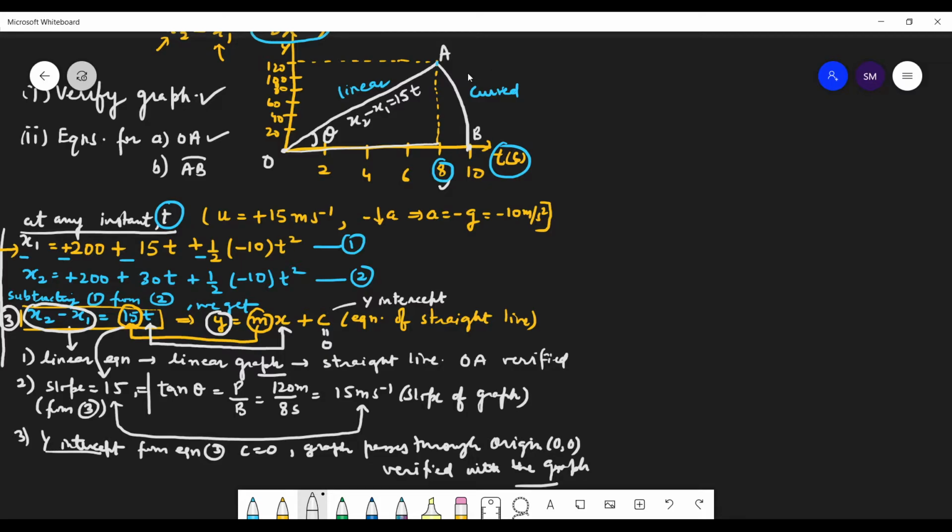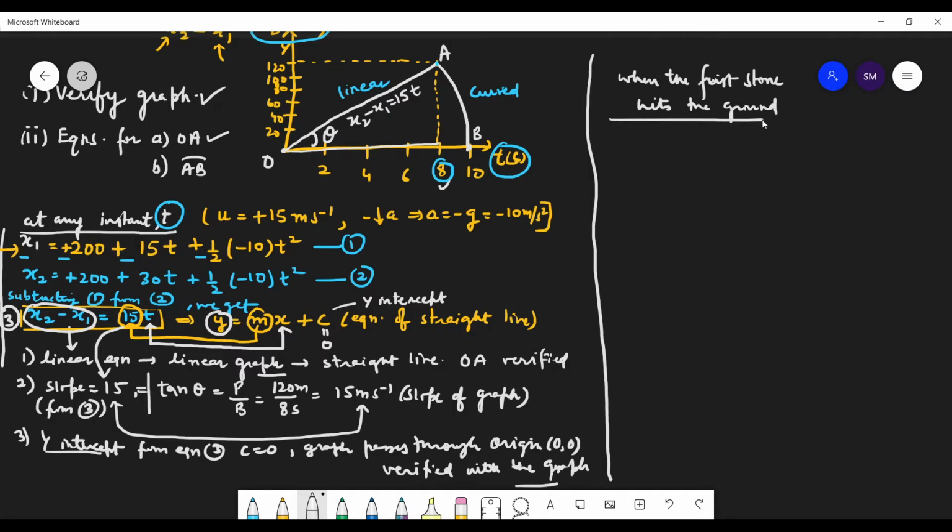Now students, when the first stone hits the ground, see, unless and until x2 minus x1 is equal to 15t, I'm rewriting the equations.